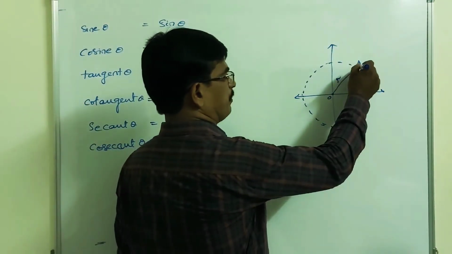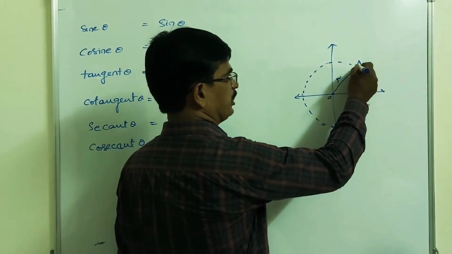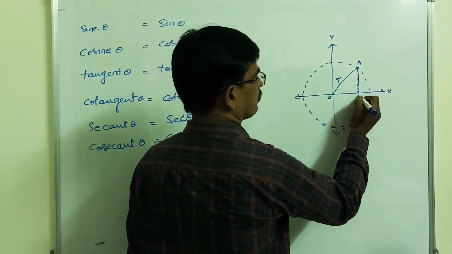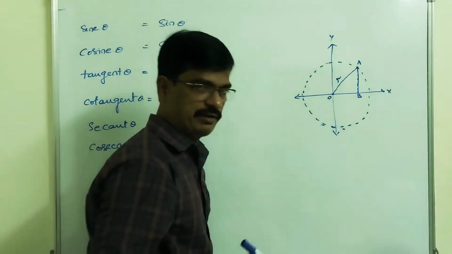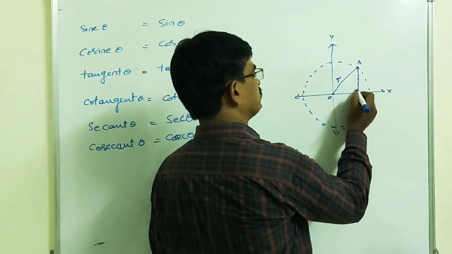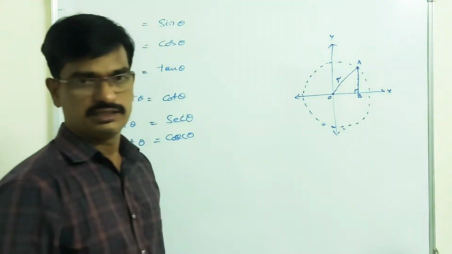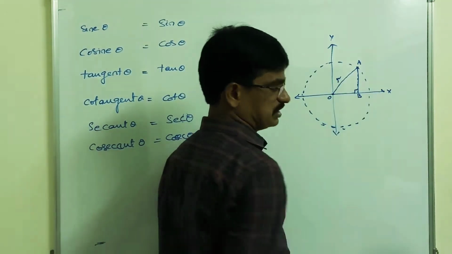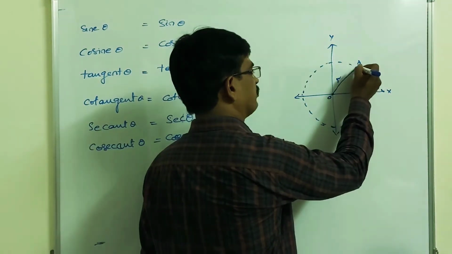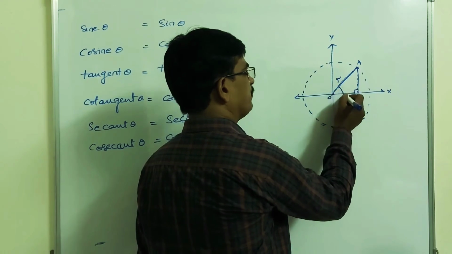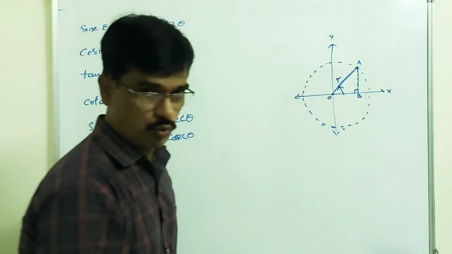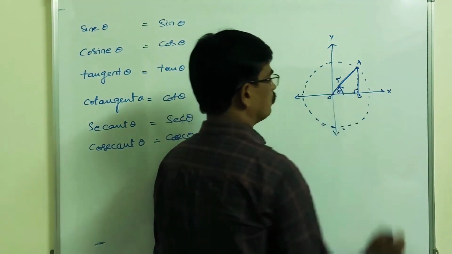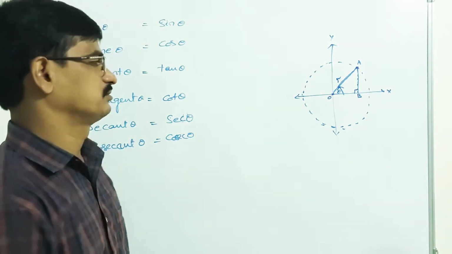And draw the perpendicular projection from A to the x-axis. This is the x-axis and this is the y-axis. Let it be B. Now the angle made by AB with the x-axis is 90 degrees. Now if you consider OB as a fixed ray and OA as the terminal side, then the angle made by ray OA with OB is theta.